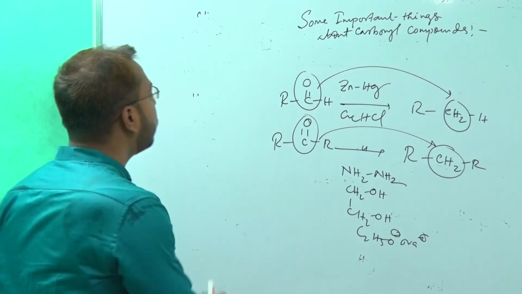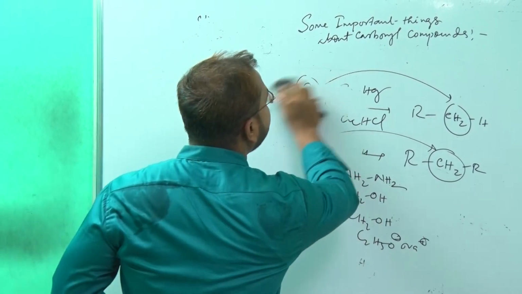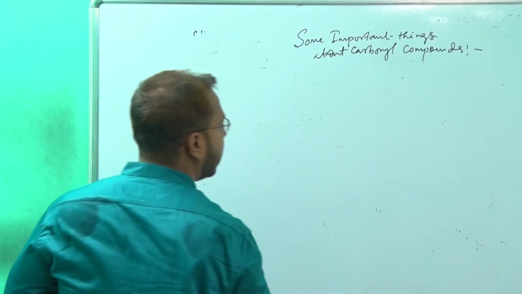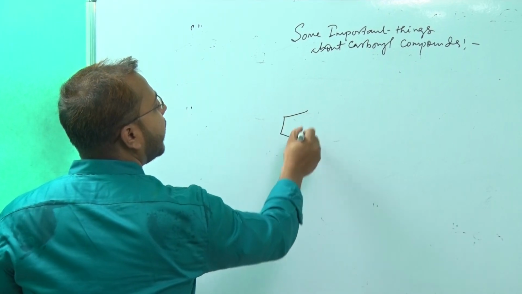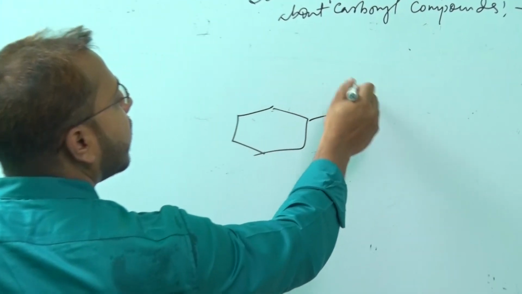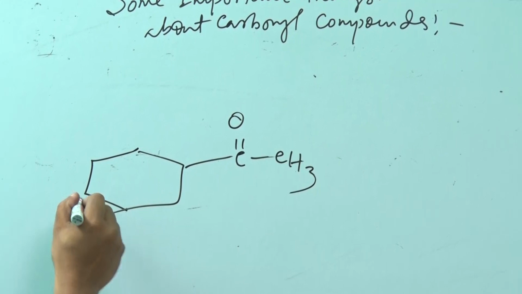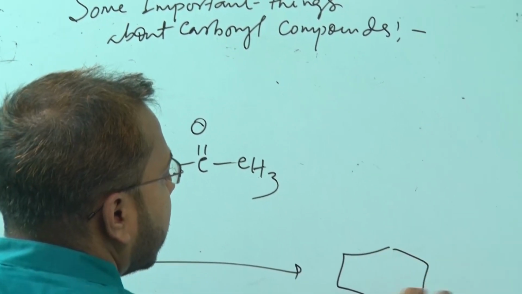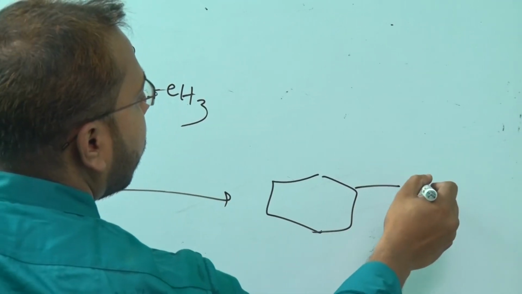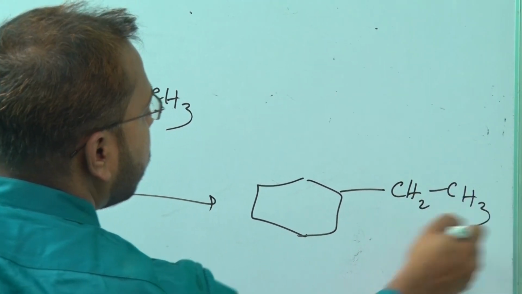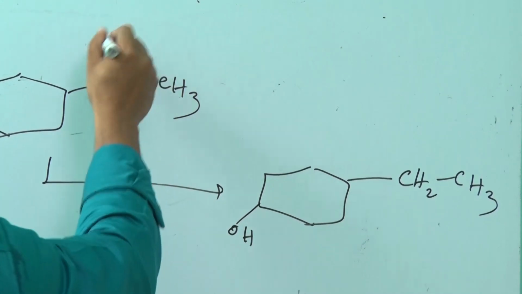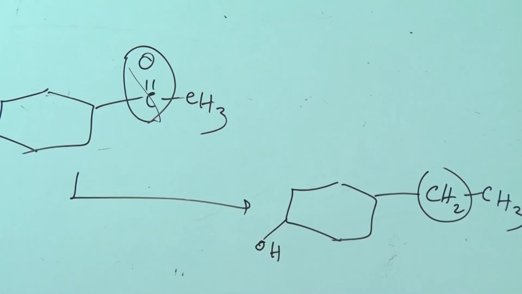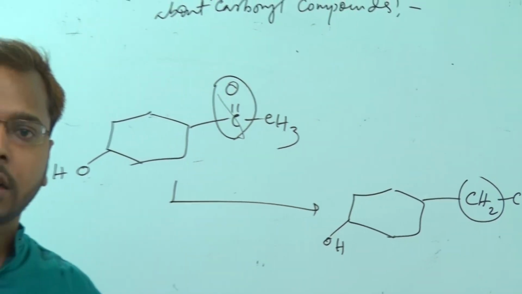Then when should we apply which? We need to know the concept that if a problem like this comes, as it has come in JEE Mains, that a ketone portion will be there, and we need to convert this C double bond O to the CH2 part, then four options are there.